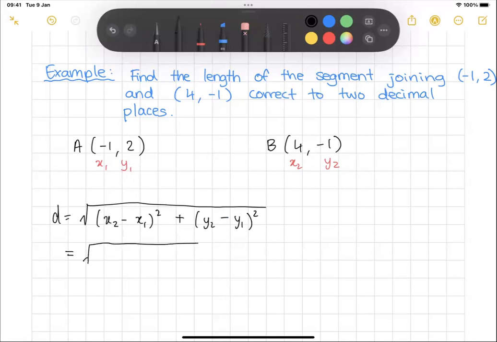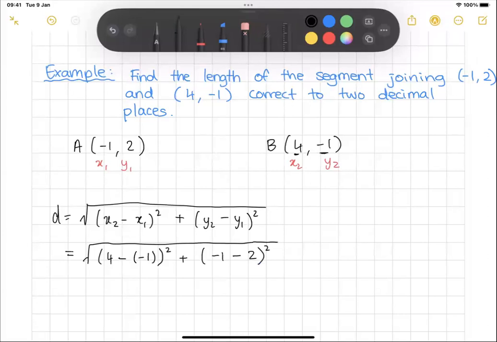My x2 is 4, this one right here, minus, be careful here, my x1 is a negative, so I'm going to put a small bracket here to keep it cleaner and so I can see what's happening. I'll whole square it, and plus my y2 is -1, minus my y1, which is 2, and whole square it.